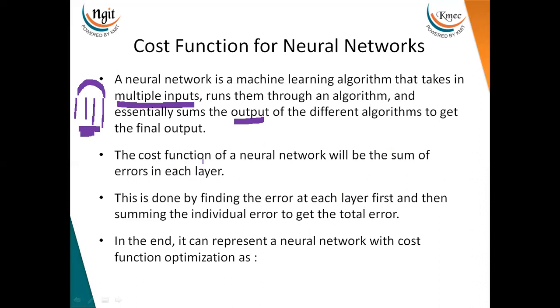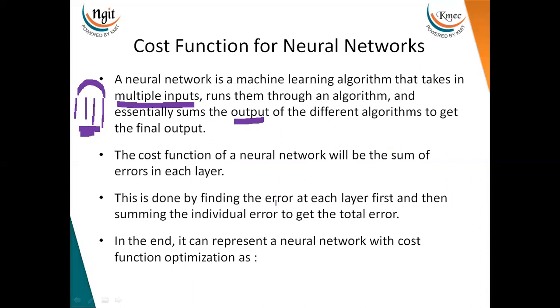At each neuron of this layer, there will be some error. Collecting errors from all the neurons in that layer, we will get a sum. That sum becomes the cost function of that layer. And finally, the total sum will become the cost function of your neural network.